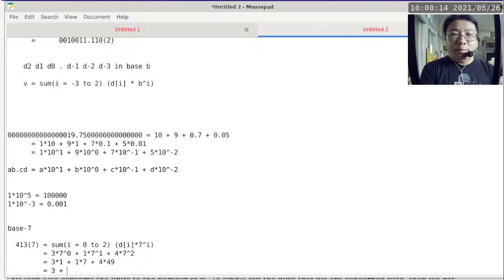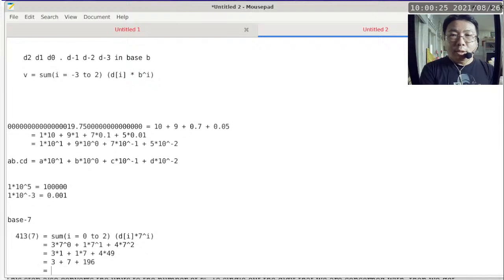So 3 plus 7 plus 196, and then we just do the addition. It becomes 206 in base 10. So 413 as a base 7 number is what we know as 206.